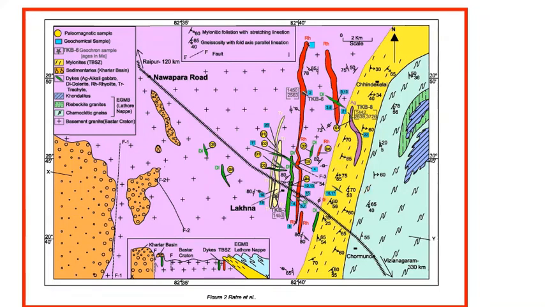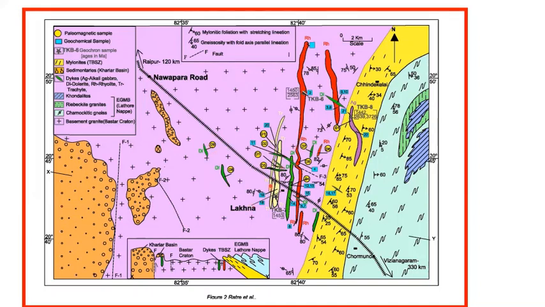Now if you come further west, the 2.5 billion year granite is existing. Now in this granite, particularly the Lakhna part, there is intrusion of several dikes. Those dikes are mostly north-south, but there are also east-west and northwest-southeast trending dikes.